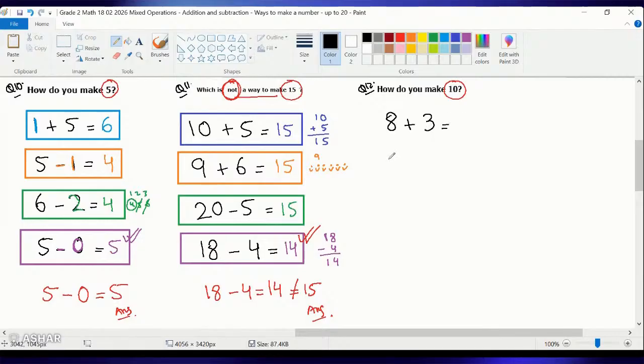Then we have 9 plus 2, then we have 12 minus 3, and then we have 14 minus 4. Okay, if these four options were given to us, we need to find which option.